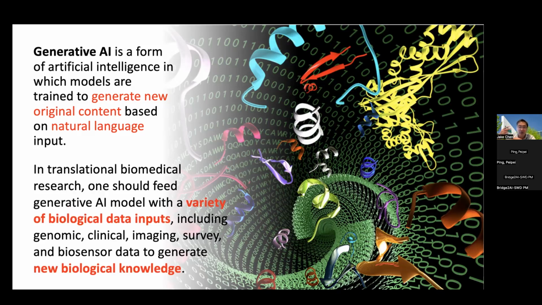And if we throw the AI model a variety of biological data input, for example, genomic information, DNA sequences, gene expression information, and additionally patient electronic medical records, imaging information, pathology reports, socioeconomic data, everything that we throw at this model, we're hoping that the model will actually generate new actionable biological hypotheses that we can act on, right?